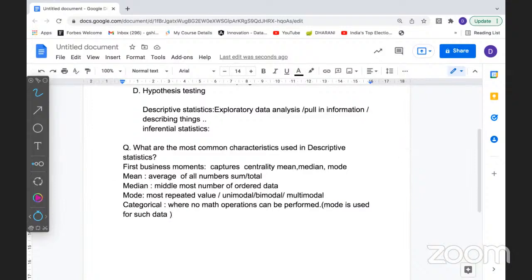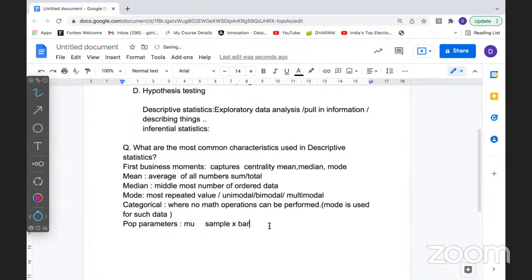Whatever you get, as I told you, population parameters with respect to the first moment is mu. For the sample, you call it X bar.